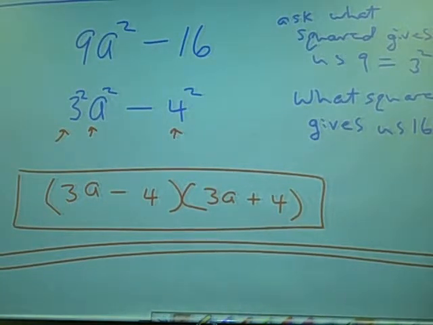All right. What about this? Y squared plus 25.